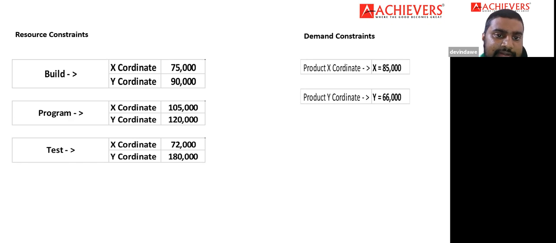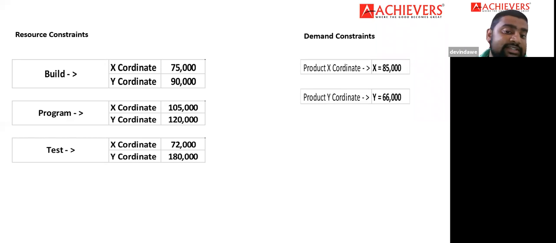Now in one, how did we get the x coordinate? We said if y is equal to 0, how much is x? That means if we produce 0 y units, how many x units can we make, right? So at that coordinate of 75,000 x units, the number of y units should be 0 because the entire resource is allocated to x only.